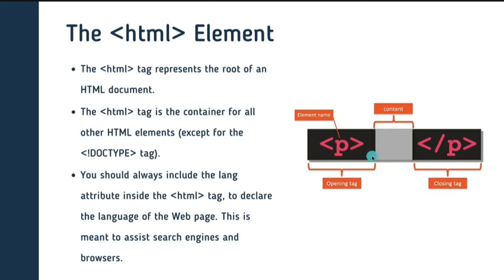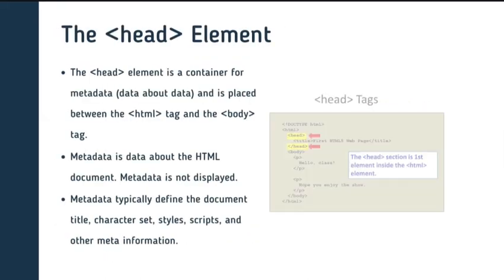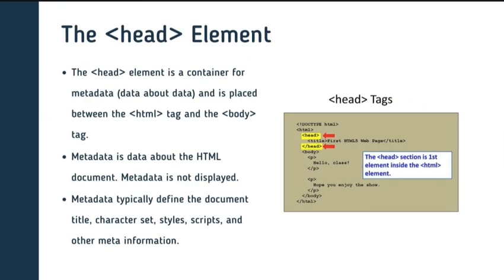So next, guys, we have the head element. The head element is a container for metadata, that is data about data, and it is placed between the HTML tag and the body tag, and it often stores information about the HTML document, and everything in the head tag is not usually displayed.